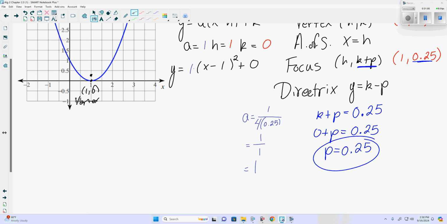So we can plug A in. Do we actually do 1 times or write that out normally? 1 times instead of parentheses? Well, no. Instead of 1 times our x minus 1 squared, we can just say x minus 1 squared. We don't normally add the plus 0.